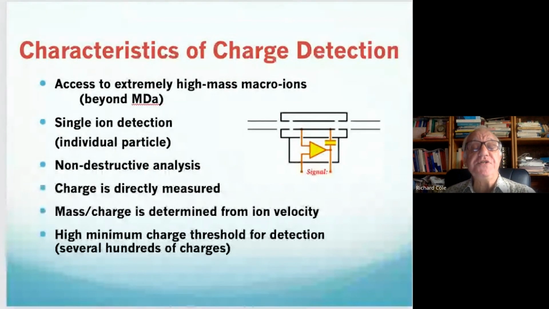Okay, so I'm going to start with just describing some general characteristics of charge detection, and it's touted for enabling access to extremely high mass macro ions, beyond the Megadalton regime. In charge detection mass spectrometry, you're really doing detection of individual ions, individual particles. When you're measuring one particle, you have directly a measurement of that particle's charge.